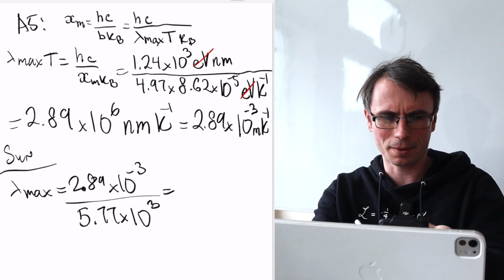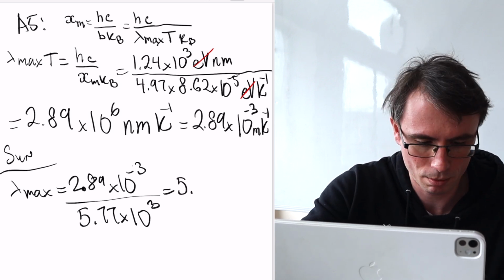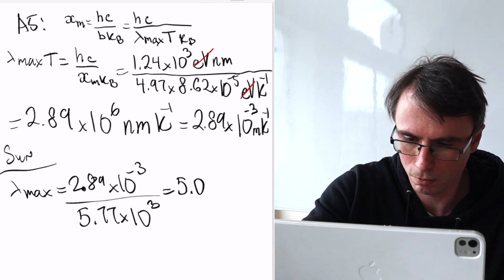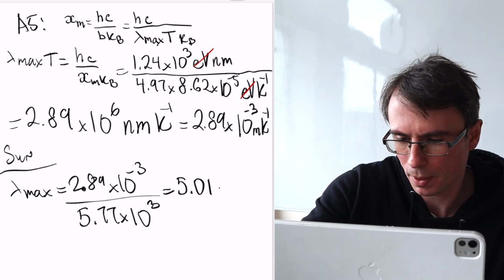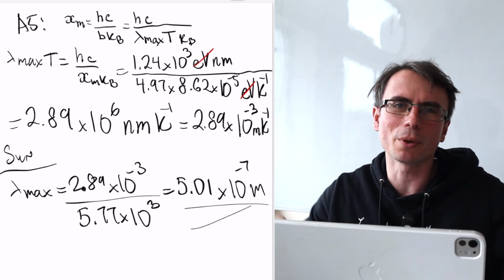Let's see what we get. So this here gives us around 5.01, let's call it, times 10 to the power of -7 meters within the visible range.